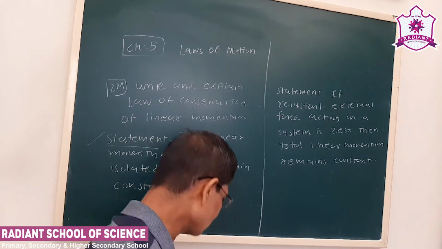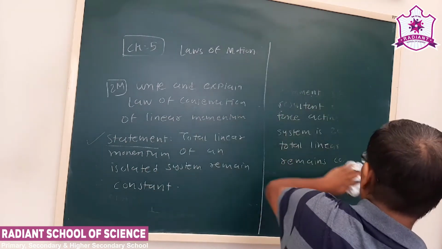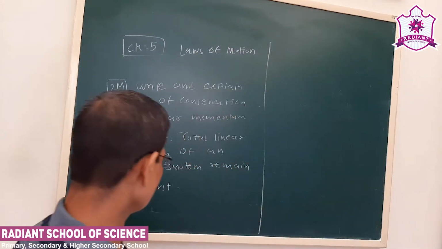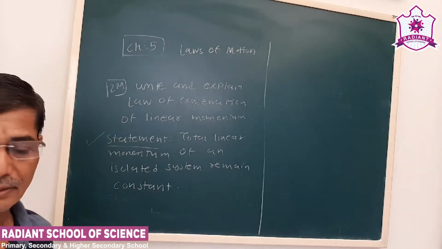That again we'll see in the system of particles also. But this is also a statement that I would like to share with you. But right now we focus on this: the total linear momentum of an isolated system remains constant.